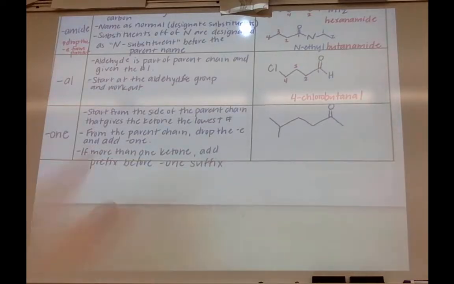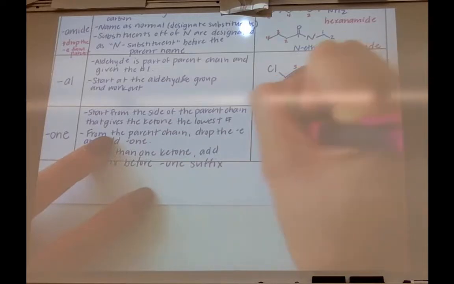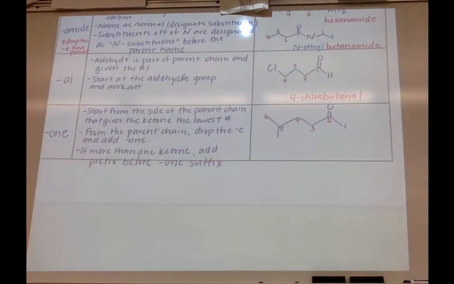That's going to give your ketone the lowest number. 1, 2, 3, 4, 5. It doesn't matter which way you go because there's only one carbon either way. So 6 carbons, all single bonded, would be what? Hexane. You drop the E and add O-N-E.